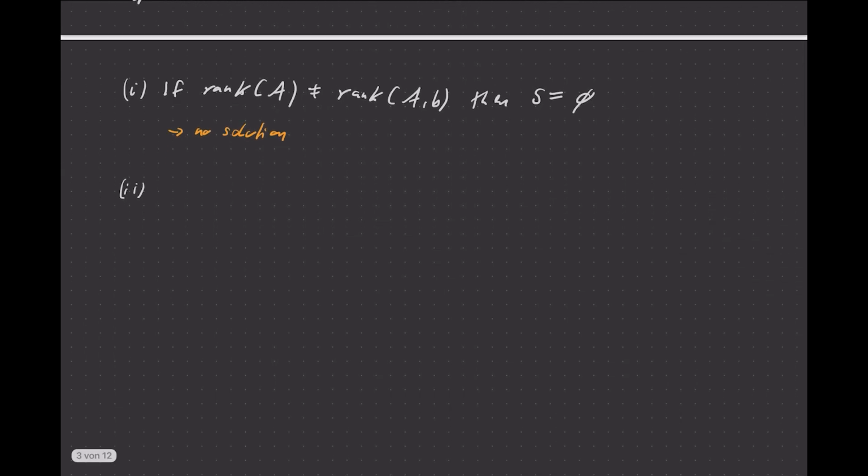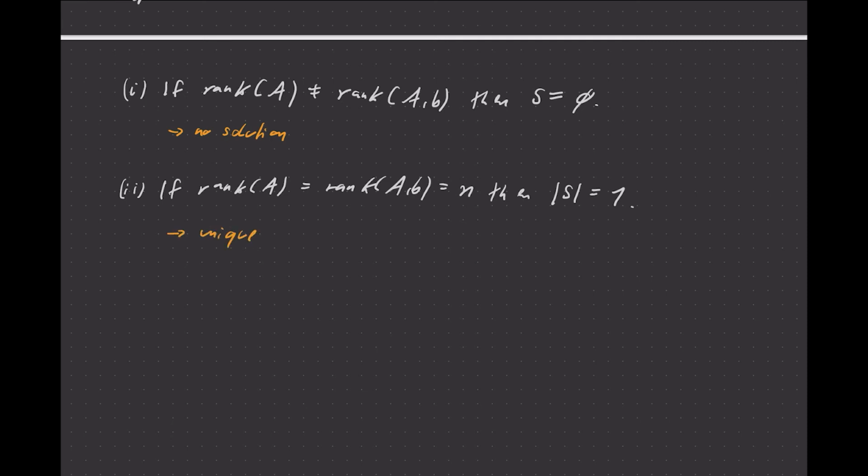If the rank is equal, then there are two possible outcomes. First one is if rank A equals rank of A comma B, and that rank is n, the number of variables. Then the cardinality of the solution space is 1. Or in other words, the system does have a unique solution, just one single point. Or in other words, there are no free variables.